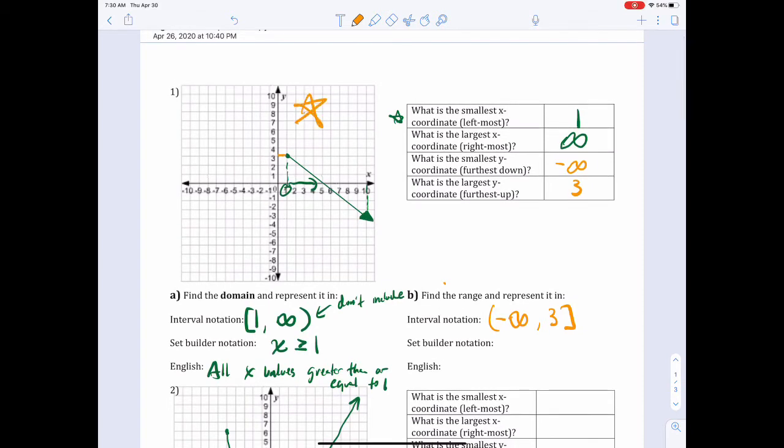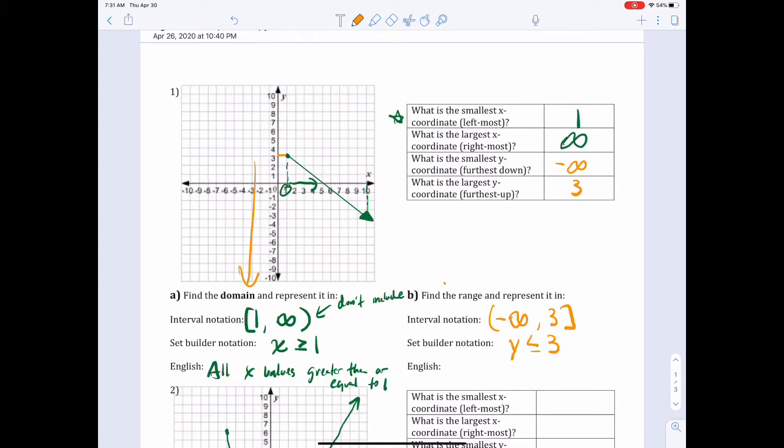Nope. They are all down here in this area. So it's really all of our y values are less than or equal to 3. Because once you get to 3 on your y values, there's no more up here. It's all below 3.